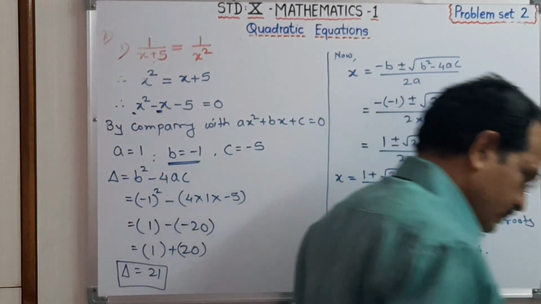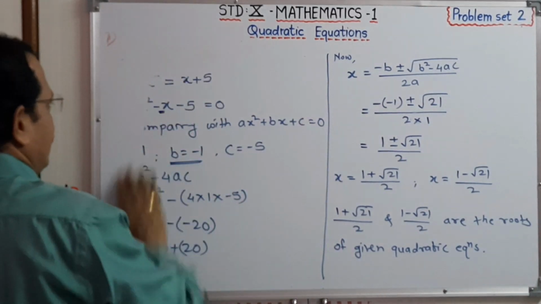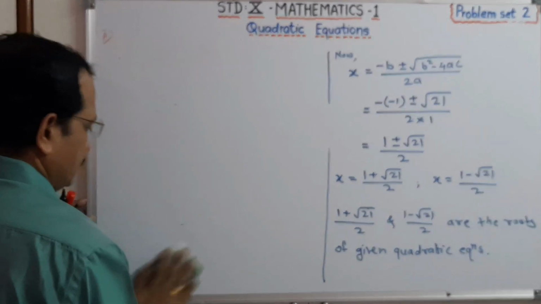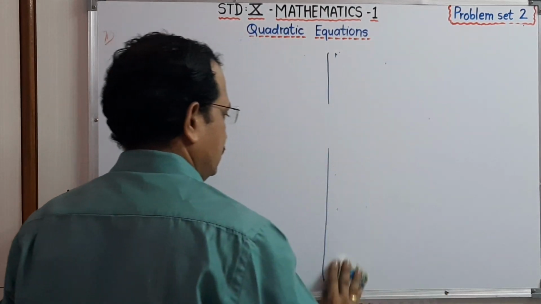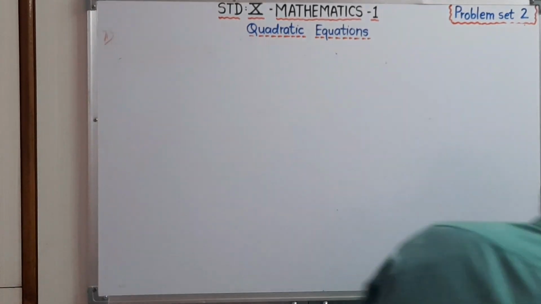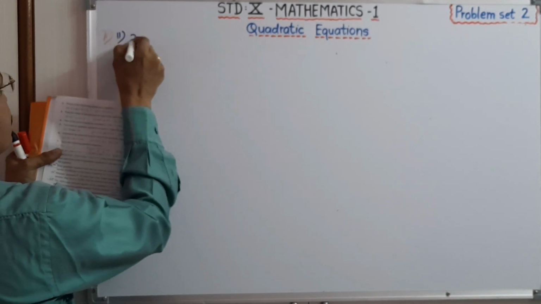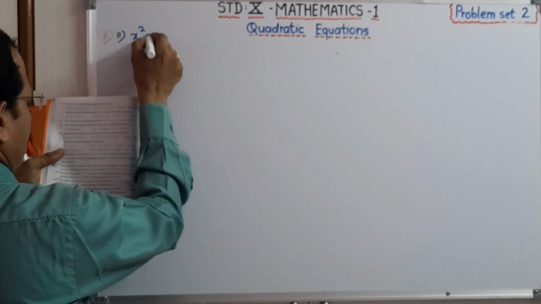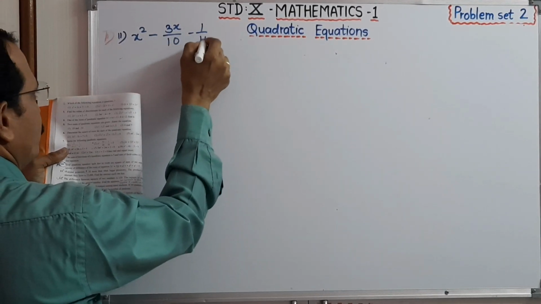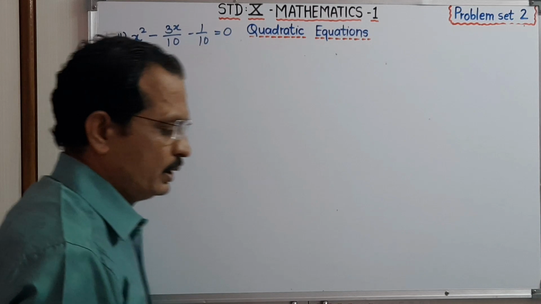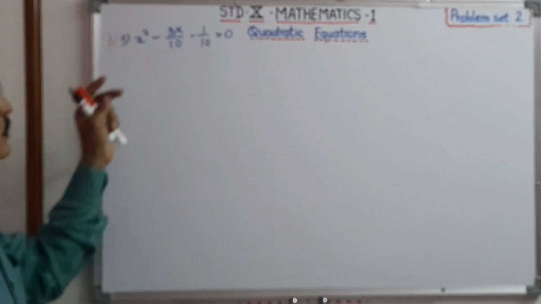Now let's see the second sum. Second one is there, x square minus 3x upon 10 minus 1 upon 10 equal to 0. Now see, this is same as the previous one.